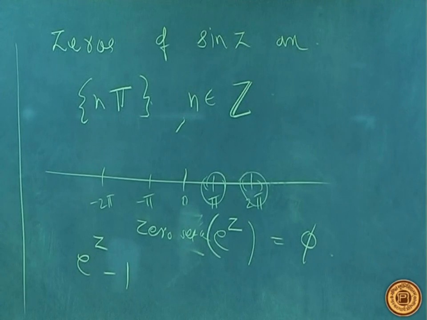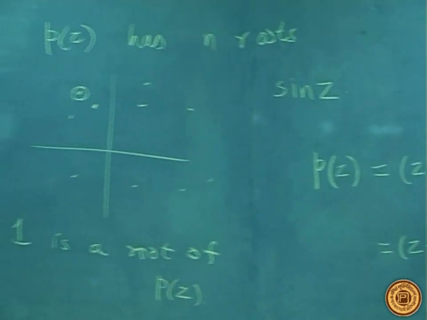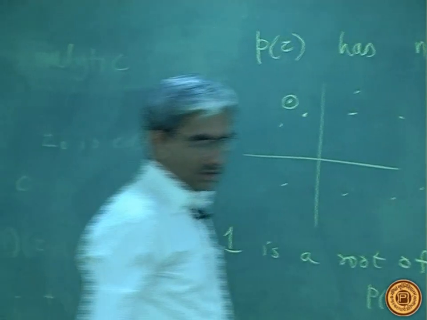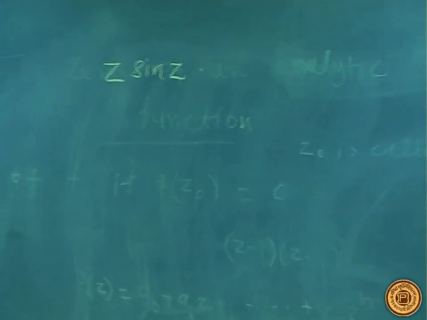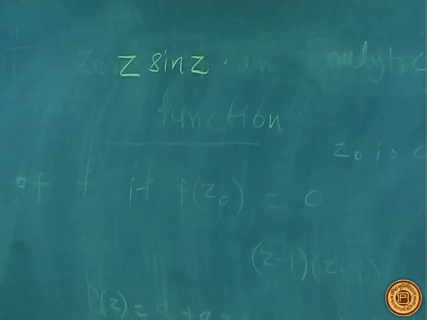Now let us consider the function z sin z. What are its zeros? 0, pi, 2 pi, 3 pi, like that.